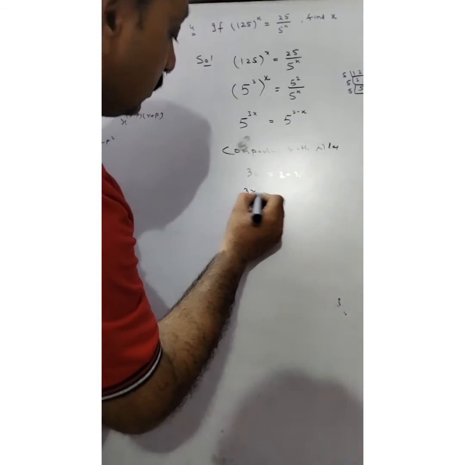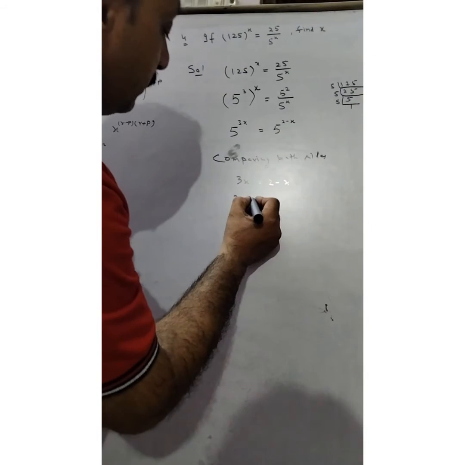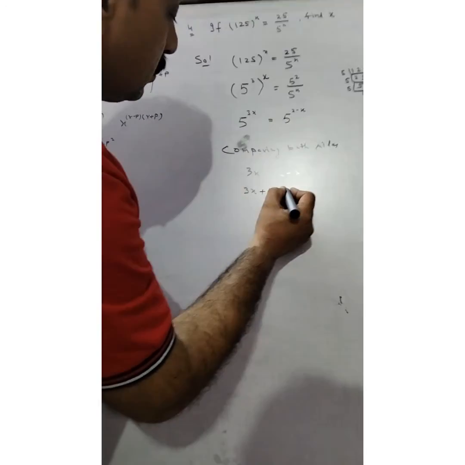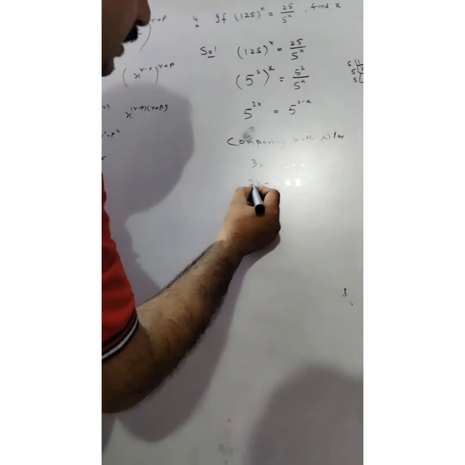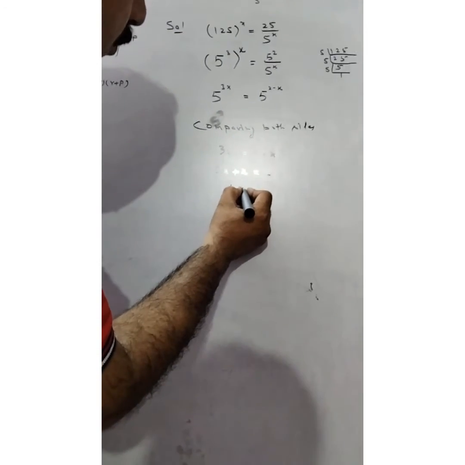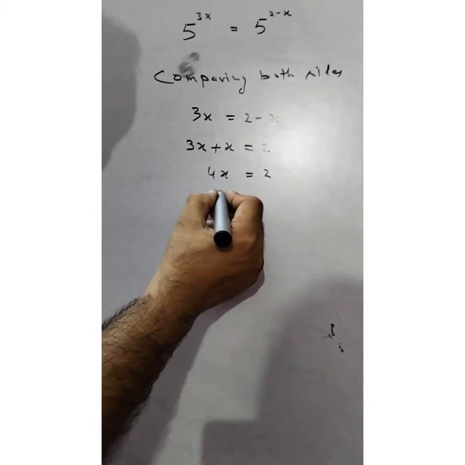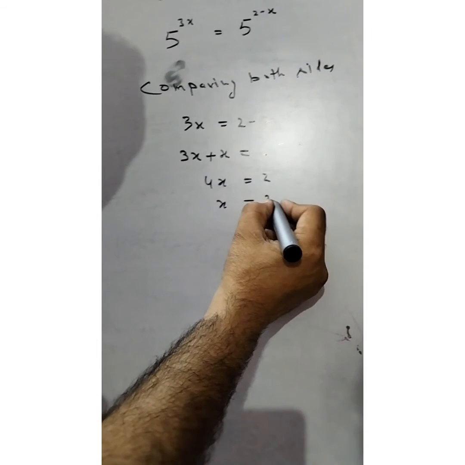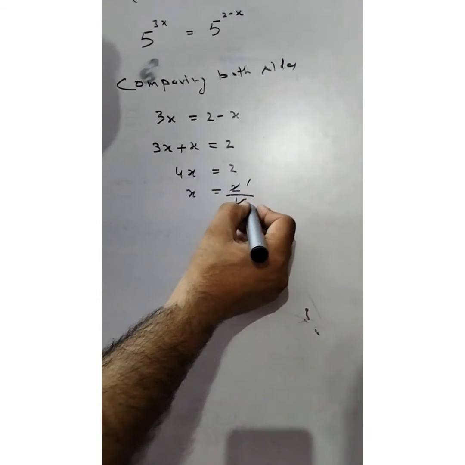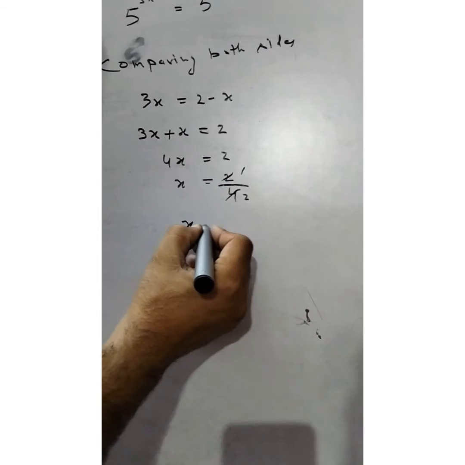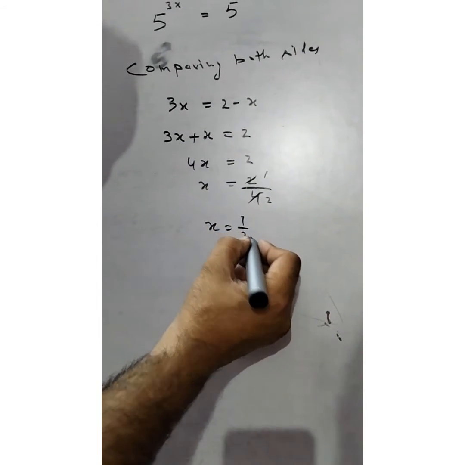Now minus x is transferred to the other side, it will be positive, equal to 2. 3x plus 1x is equal to 4x is equal to 2. Now x is equal to 2 over 4. 2 ones are 2, 2 twos are 4. Now the value of x is equal to 1 upon 2. This is the answer.